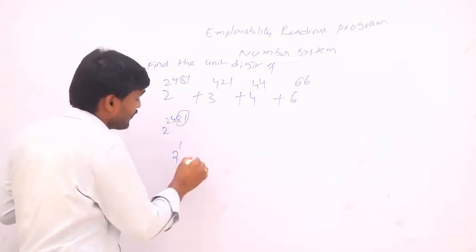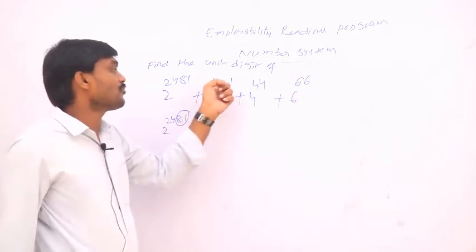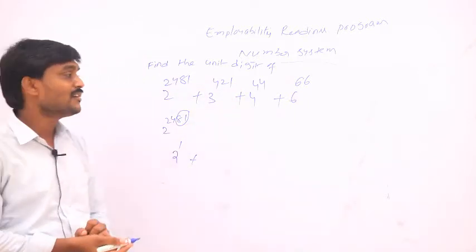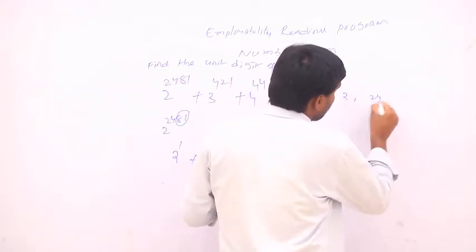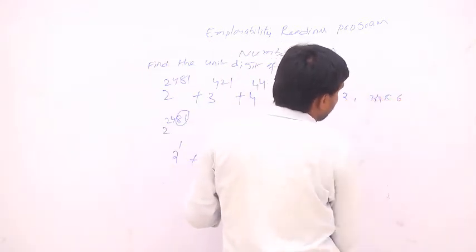So 2 power 1 plus 3 power 421. How many elements are repeated? For 2 power, the elements are 2, 4, 8, 6 repeated.